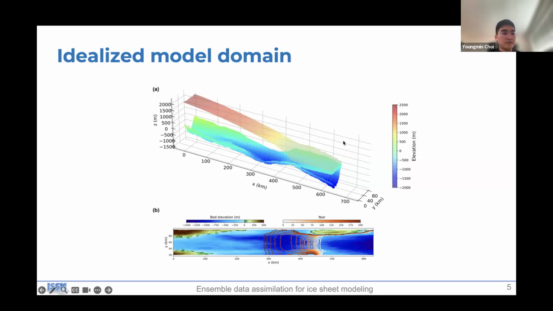Then, based on this steady state, we run the model forward for the next 200 years to make this glacier retreat further upstream, losing ice volume. We refer to this model as the reference simulation for our experiment.